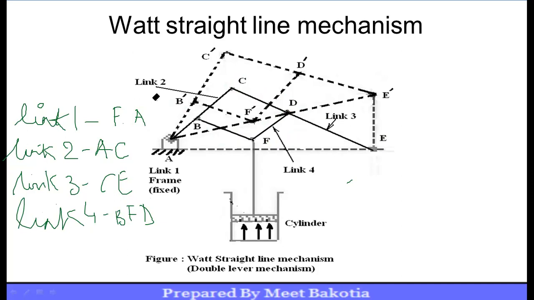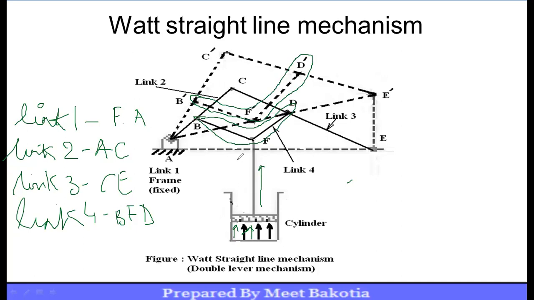See, as the gas or steam or whatever medium it is rises inside the cylinder, the piston and piston rod are going to move up. Because of that, the BFD, the lever which we have, is going to take the new position B dash, F dash, D dash.